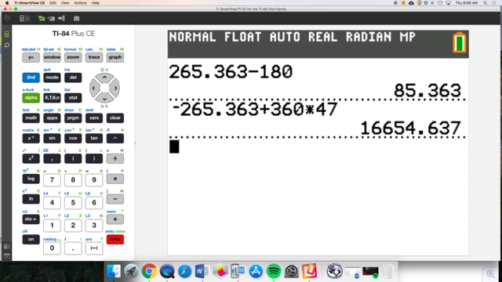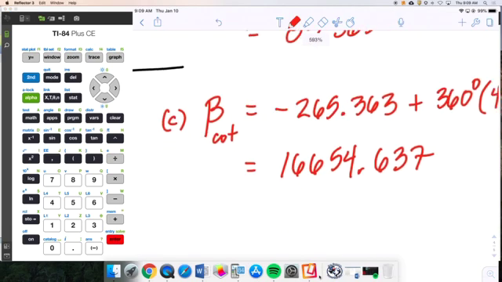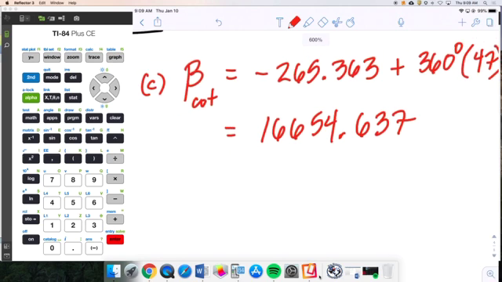It is 16654.637. And once you write that down, are you good right there? Is that your final answer? No. What are we missing? Yeah, degrees. The unit, right? You don't want to miss points for missing that. That should be pretty easy. Okay, cool. So that's kind of reviewing what we've already been doing.